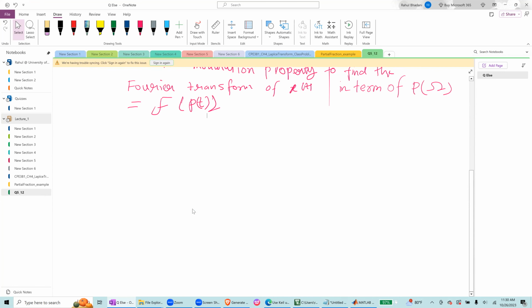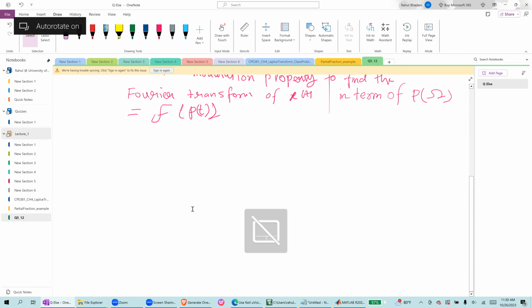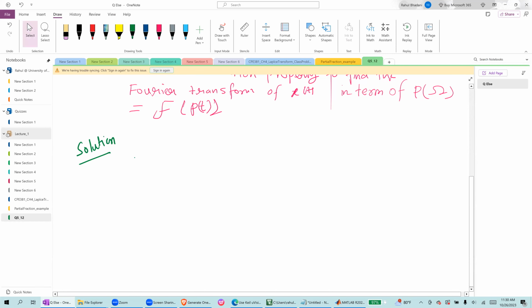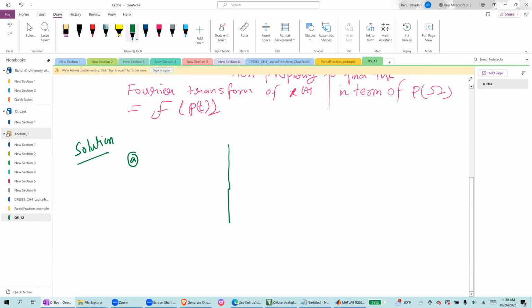How will it look? When you plot it, it will look like this. So this will look like this.